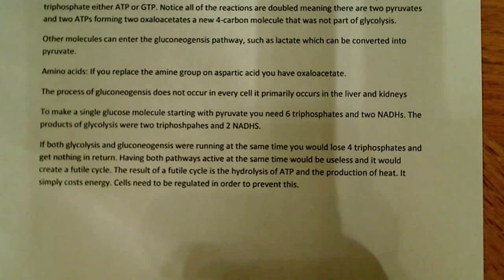So having both pathways active at the same time would be useless, and it would create what's known as a futile cycle. Okay, and the result of any futile cycle is the hydrolysis of ATP, or the hydrolysis of triphosphates, and the production of heat. Okay, nothing else useful comes out of it.